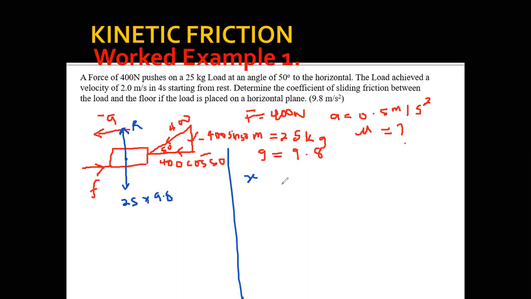So I have R, which is positive, minus 400 sine 50, minus the weight. I'm adding all the vertical forces. Minus the weight, which is 25 times 9.8.